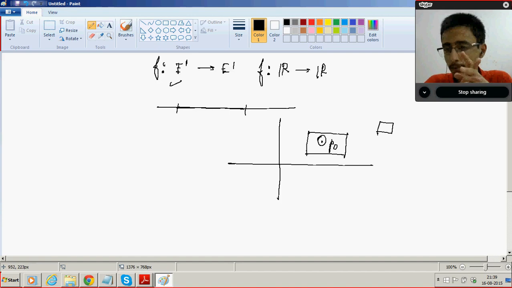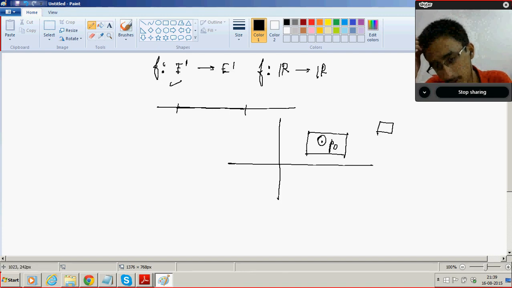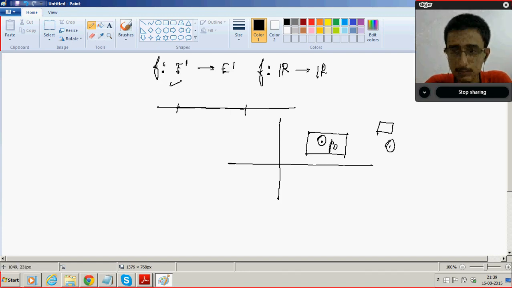No, I think this would be wrong. You cannot take it as a square, because then they won't be equidistant. It could be a sphere in 3D, a small golf ball sort of neighborhood.